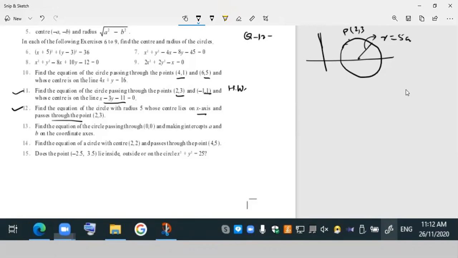So the center is on x-axis. What is the equation of x-axis? Because the center lies on this line, which is x-axis. The equation of x-axis is y is equal to 0, and it passes through 2, 3.